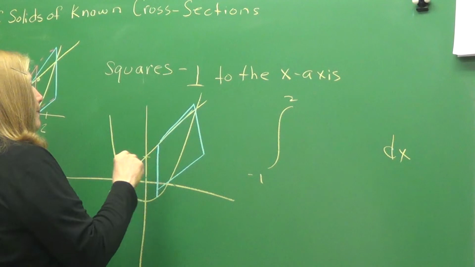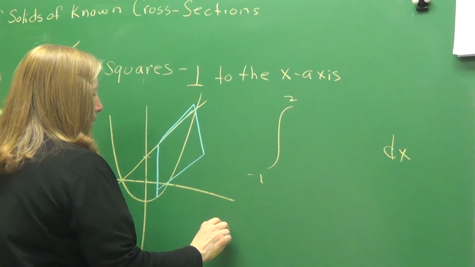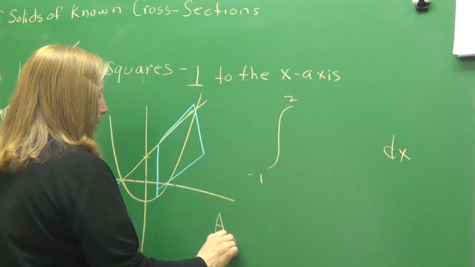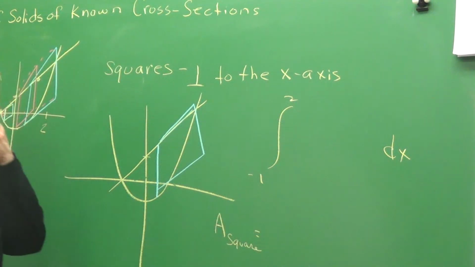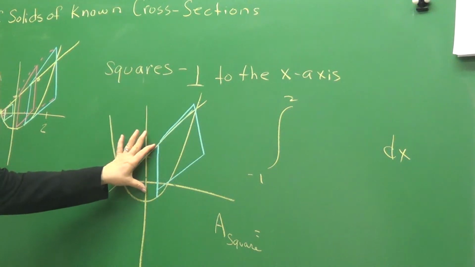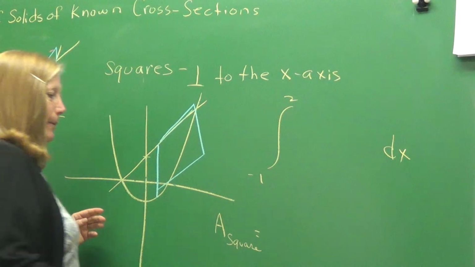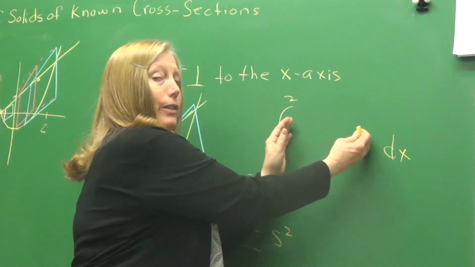So we need to come up with, if this is a square, Allie, what is the area of any square? Length times width. Yeah, length times width, and in a square, if we called it s for side, it'd be side squared. So that's all we need here to finish the problem.